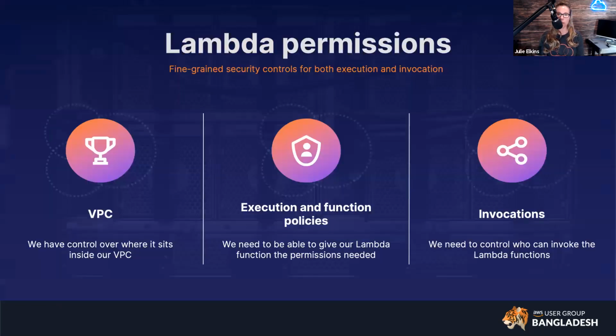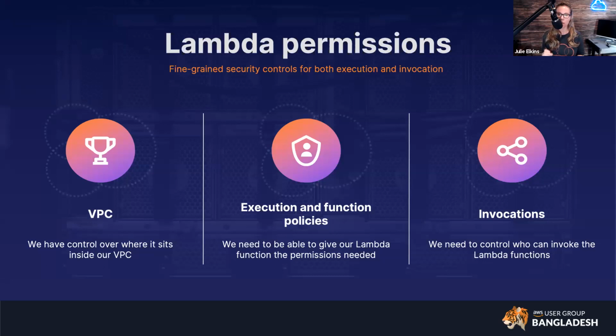So we talked about security and permissions, and we mentioned earlier that we have control over where Lambda sits in our VPC, but we also have execution and function policies too. So we need to be able to give our Lambda functions the permissions via IAM roles that it needs to work with other AWS services like S3 or DynamoDB.